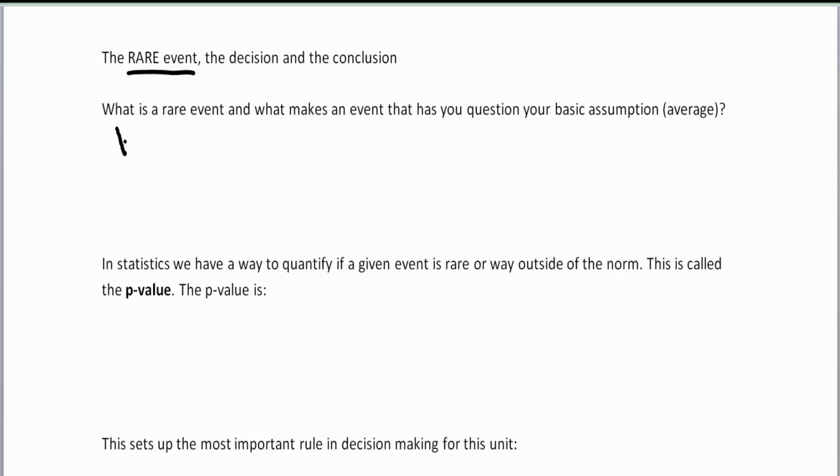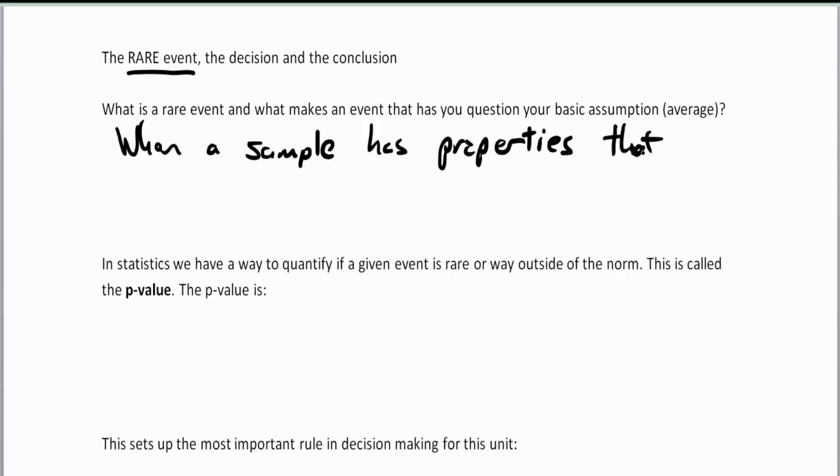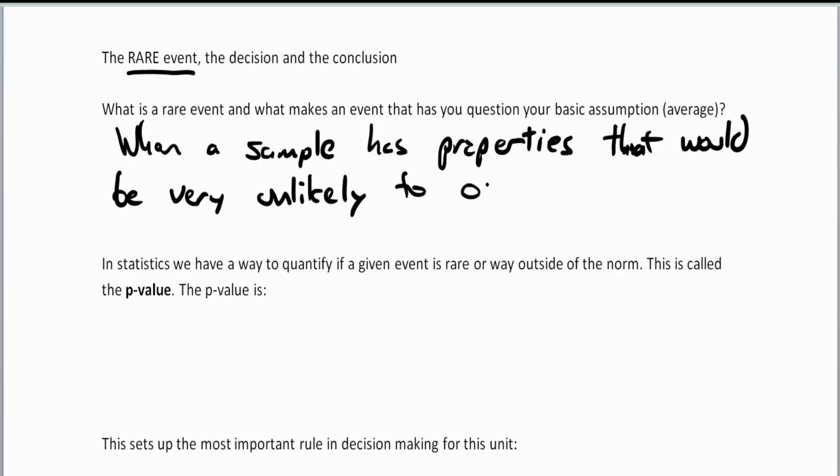Well, this is when a sample has properties that would be very unlikely to occur if the null hypothesis was true.